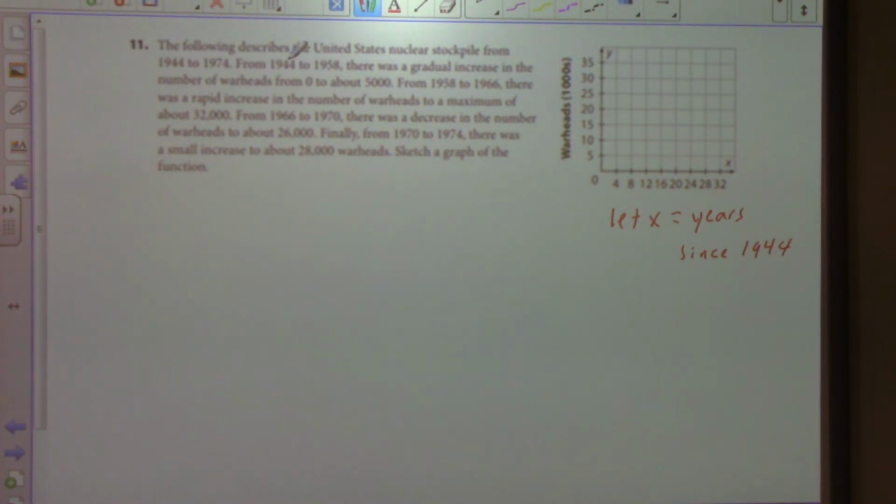So between 1944 and 1958, there's a gradual increase. So 1958 turns up where on this graph? 58 minus 44 is 14. So we go to 14.